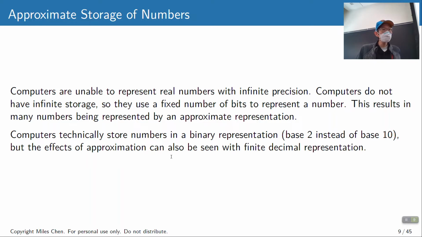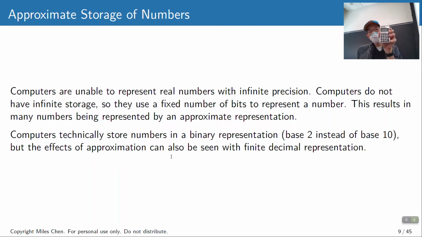But for everything else, it's just going to be an approximation, right? And so we'll look at the computers which store things in binary, base 2 instead of base 10, but you can still see the effect of working with a finite number of places with something like this.